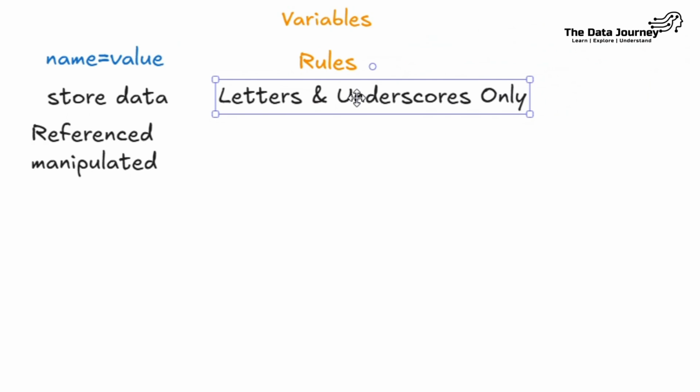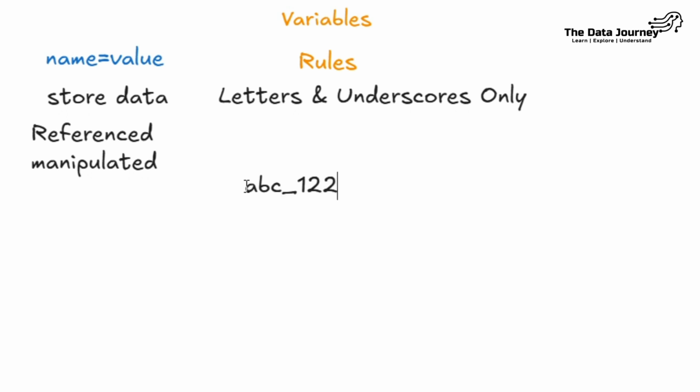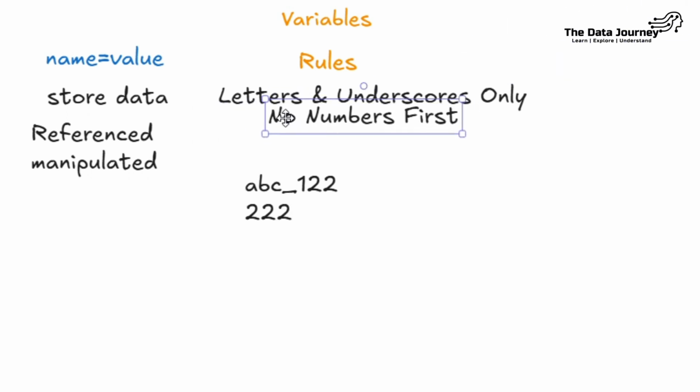If you are writing a variable, the variable must have letters like A, B, C, and the underscore and the numbers only. And it is not supposed to start with numbers. That is our second rule: no numbers first. The variable must not start with the numbers.